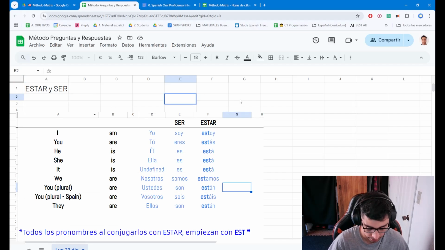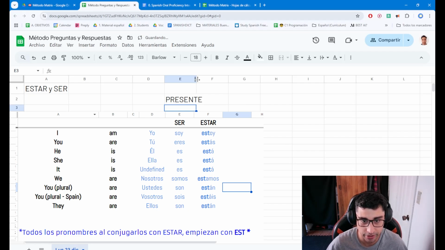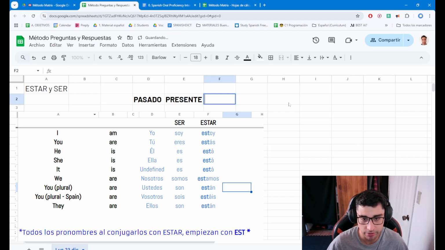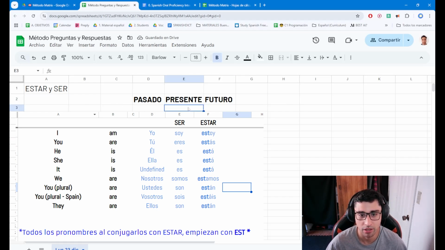Okay, so first, we have el presente, the present, right? Also, we have the past, el pasado, okay? Presente y pasado y futuro, okay? So instead of just practicing just the present, because it's normal, in the beginning, we are going to use the present a lot.